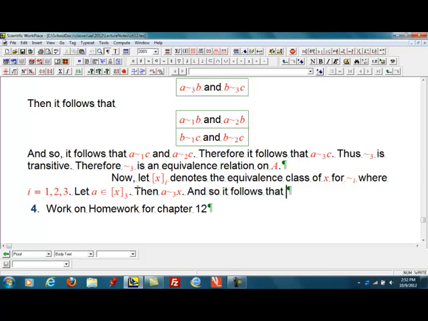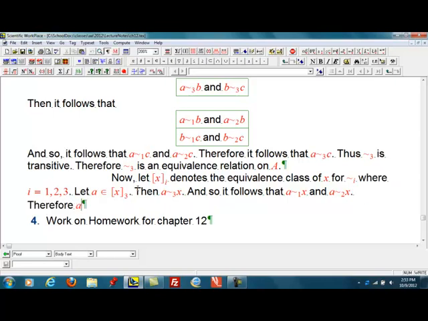So apply our definition. It follows that A has to be 1 equivalent with X, and A has to be 2 equivalent with X. Therefore, A has to live in the equivalence class on 2, and where else does it live?